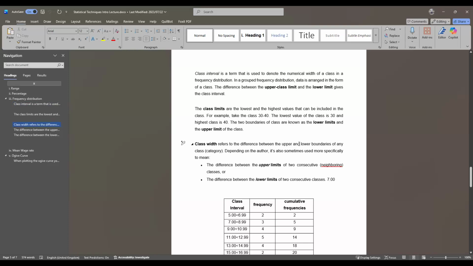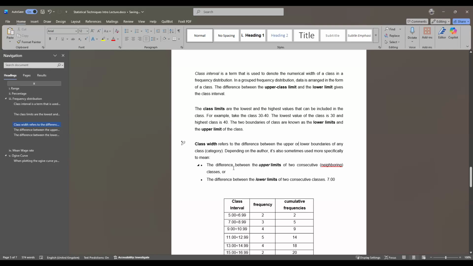Depending on the author, it is also sometimes used more specifically to mean, so you can choose either of these two methods: the difference between the upper limits of two consecutive, meaning neighboring, classes.